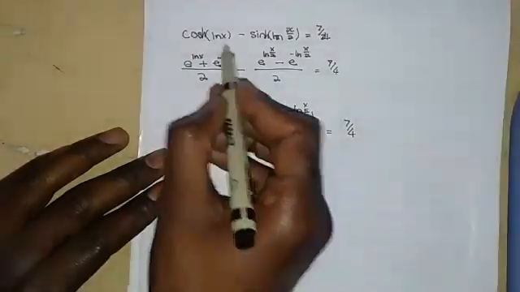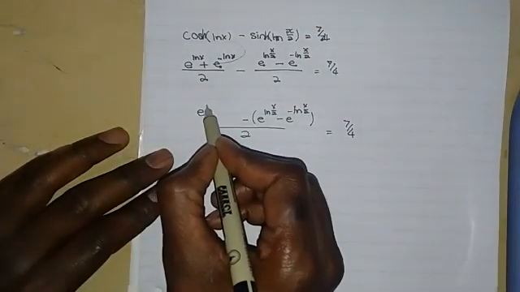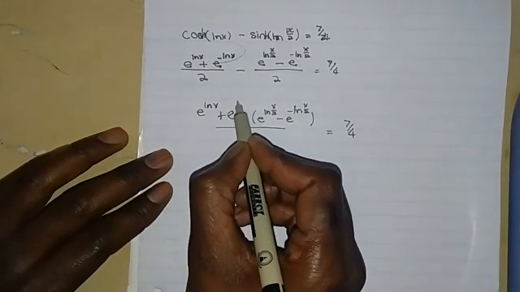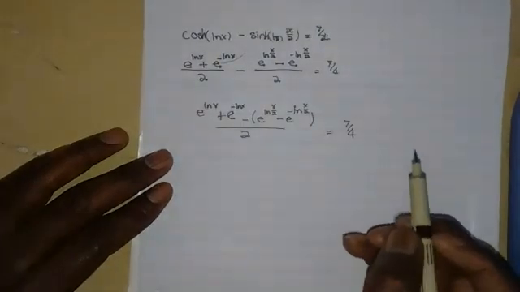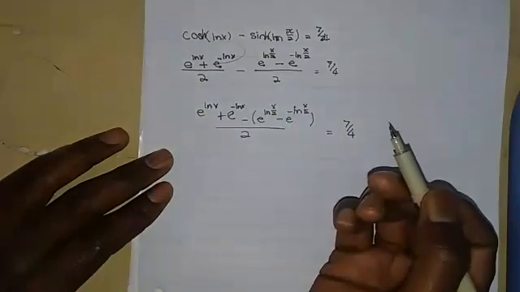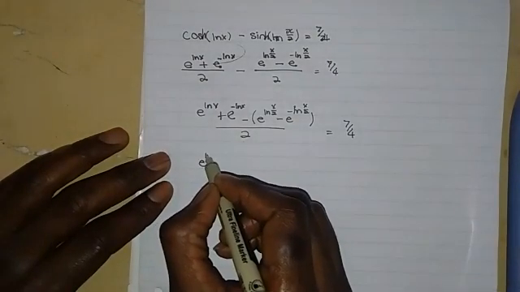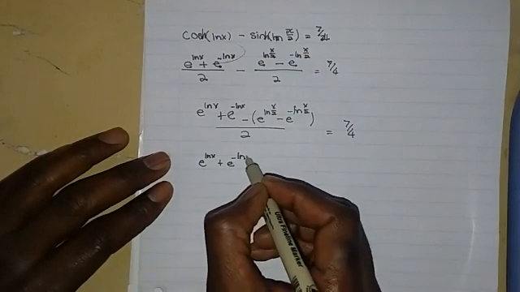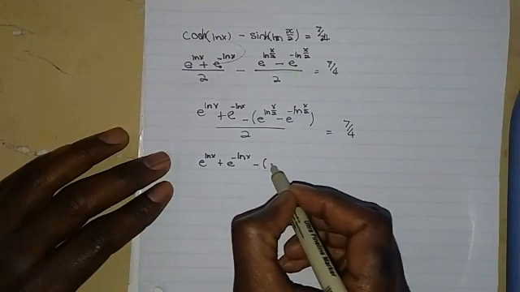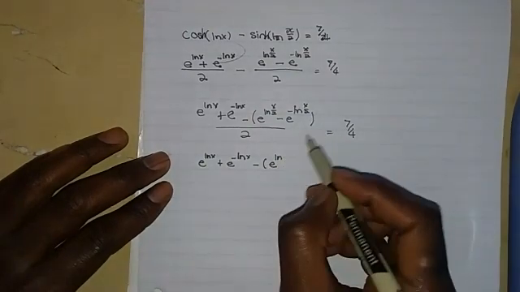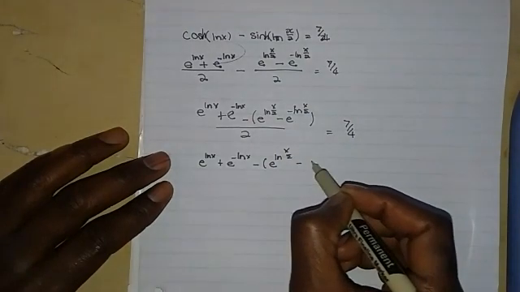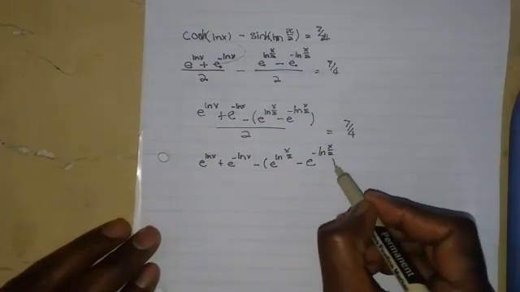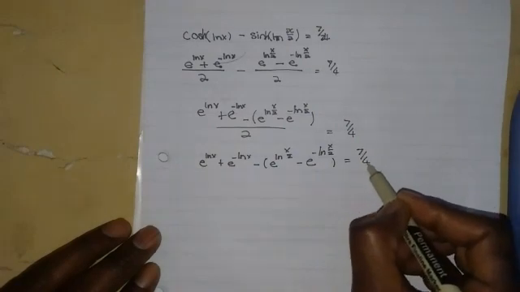Multiplying everything by 2, we get that e to the ln of x plus e to the negative ln of x, minus e to the ln of x over 2 minus e to the negative ln of x over 2, is equal to 7 over 4.